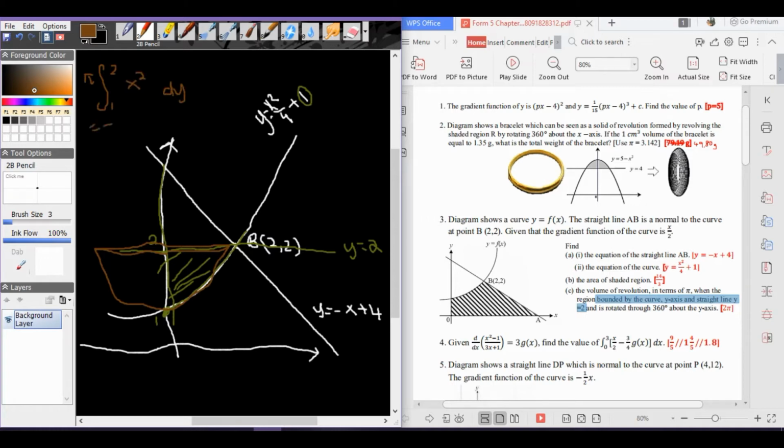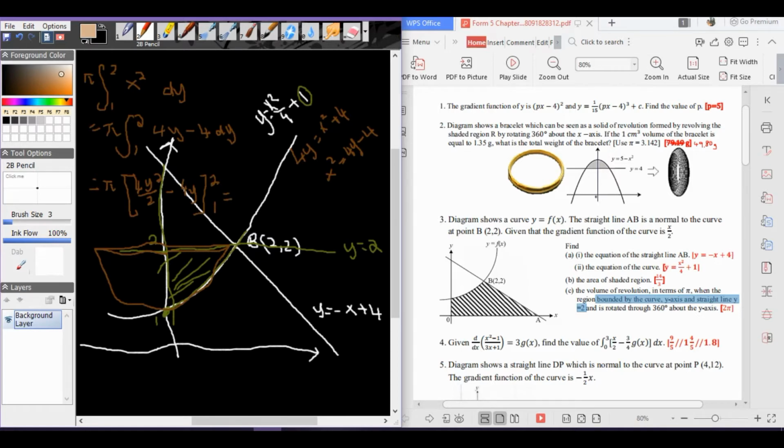So equals to pi, 1, 2. What is x squared? We have to rearrange this equation. So multiply by 4. 4y equals to x squared plus 4. So x squared equals to 4y minus 4. So this is 4y minus 4 dy. Okay, solve this. Pi, 4y squared over 2 minus 4y from 1 to 2.